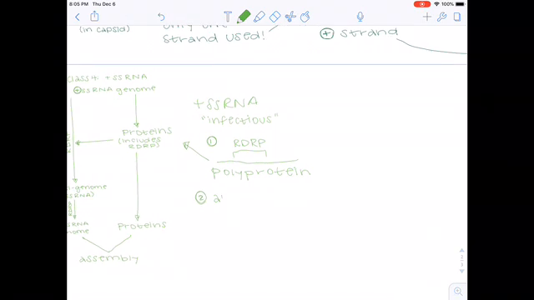Once the RDRP is formed, go down here to step 2, and it creates a complementary negative sense RNA strand. It's called the antigenomic RNA. And so the positive sense strand goes to the negative sense strand by way of the RDRP.